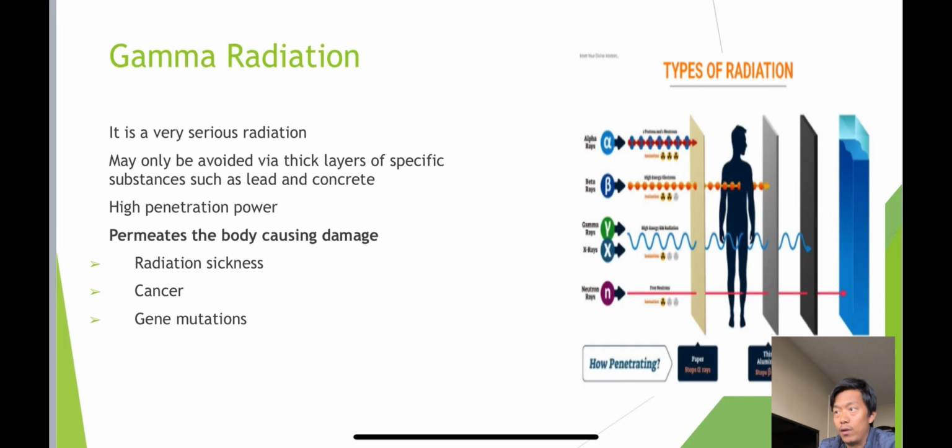When gamma radiation penetrates the body, it causes damage like radiation sickness, cancer, and gene mutations. These are the consequences of gamma radiation.